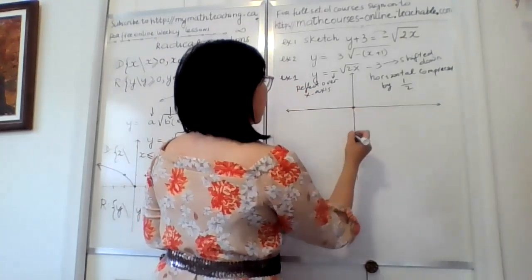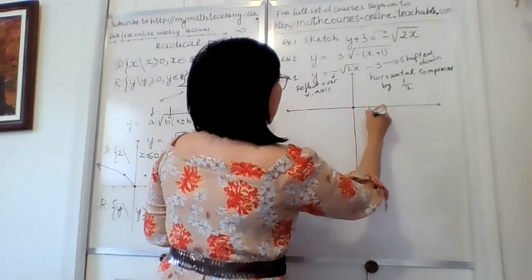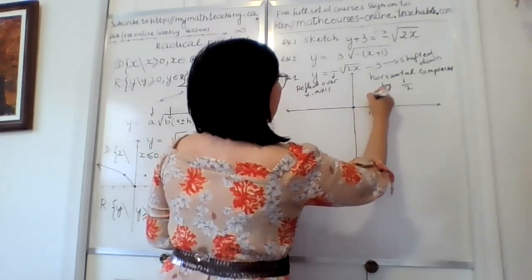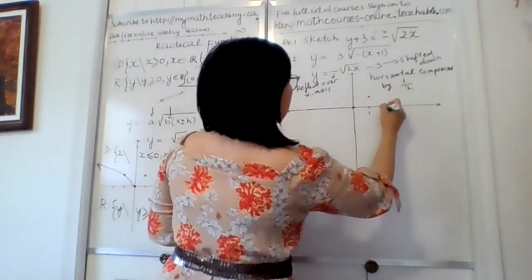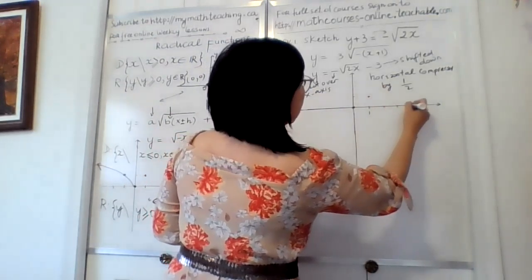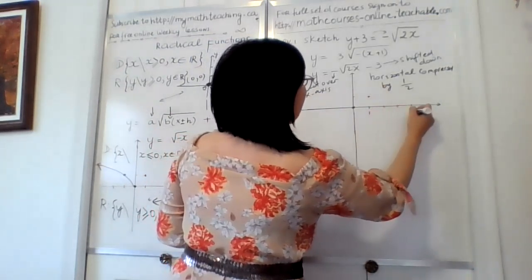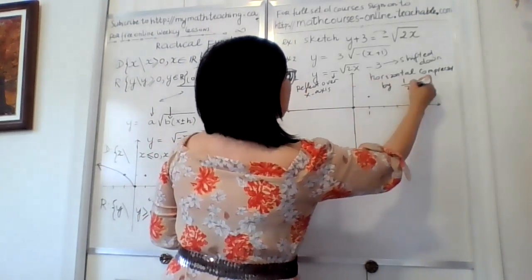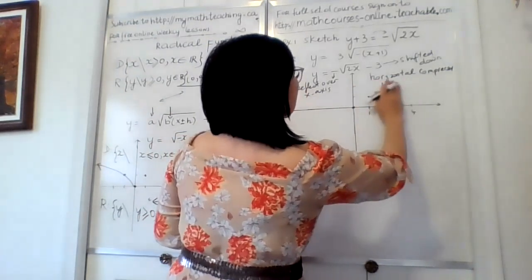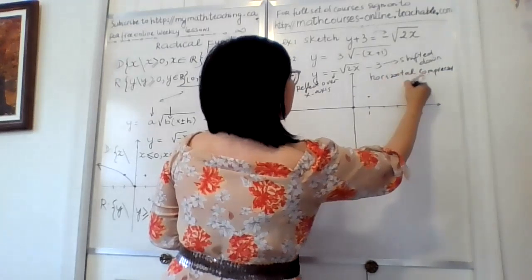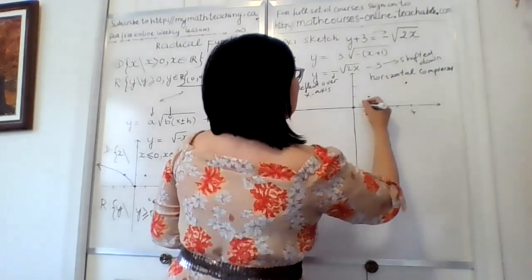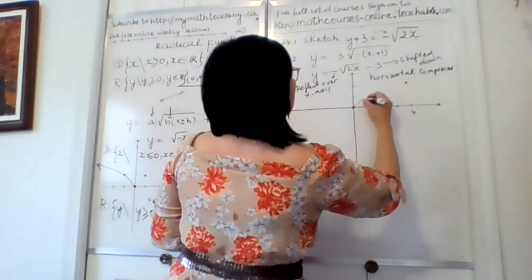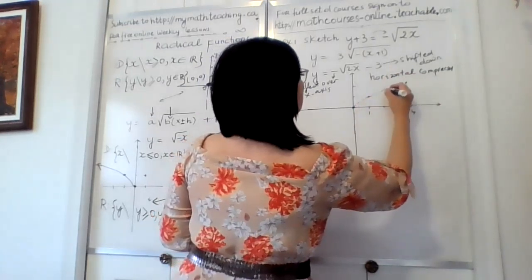If x is 0, y is 0. If x is 1, y will be 1. If x is 4, y will be 2. So 1, 2, 3, 4. y will be 2. So our base points will be here.